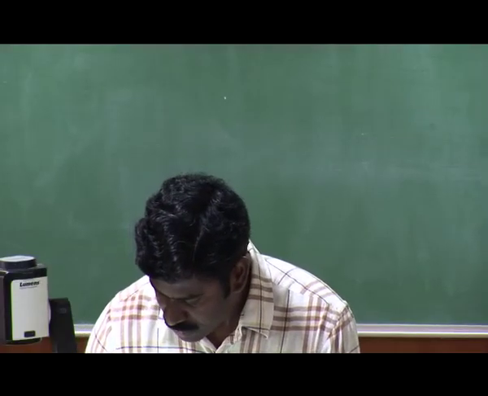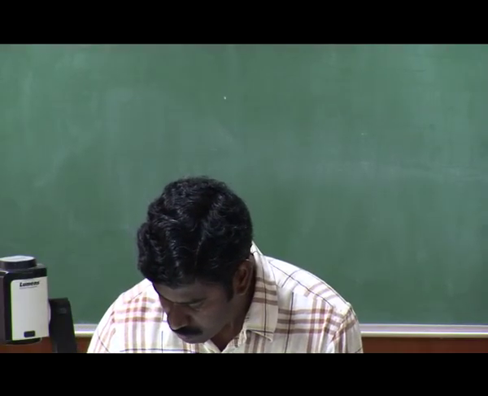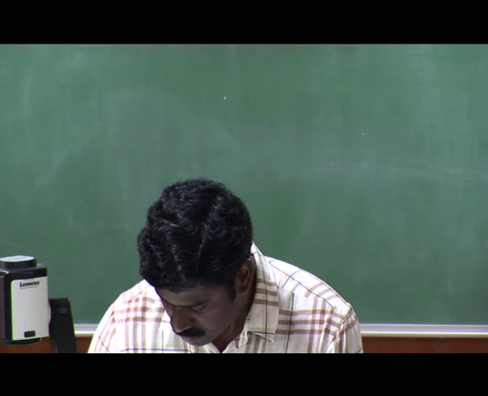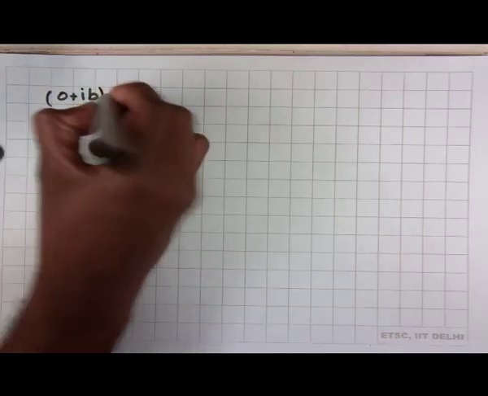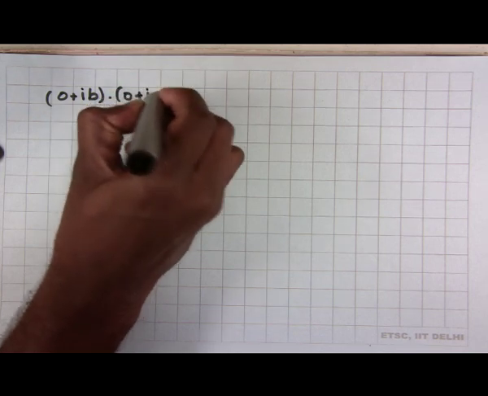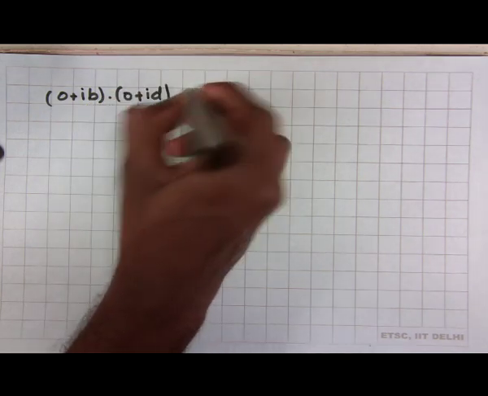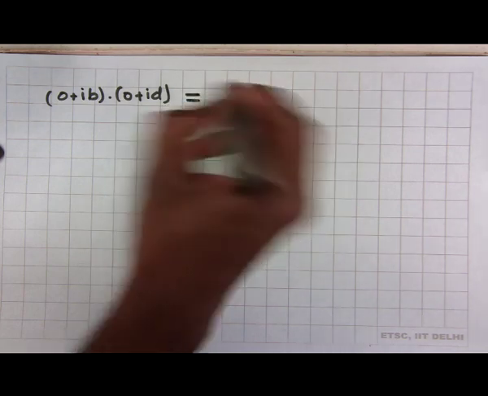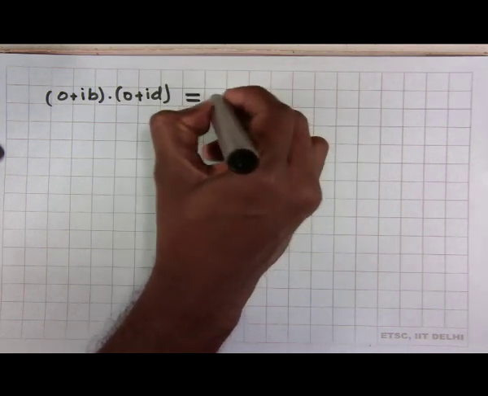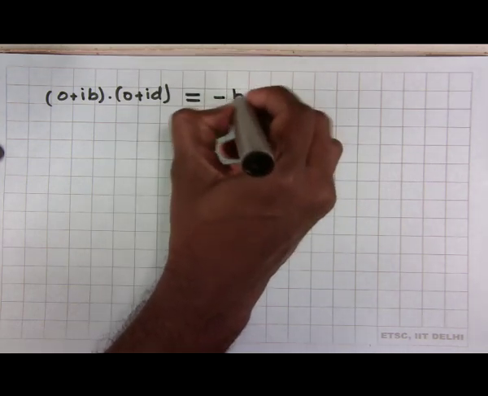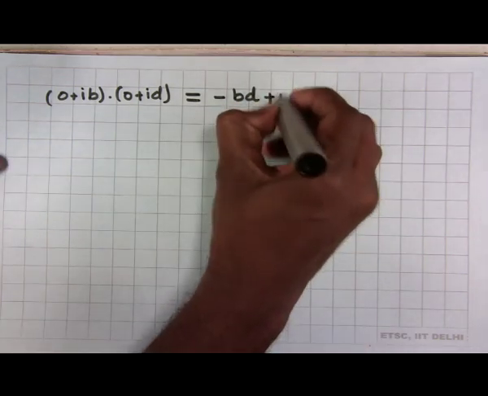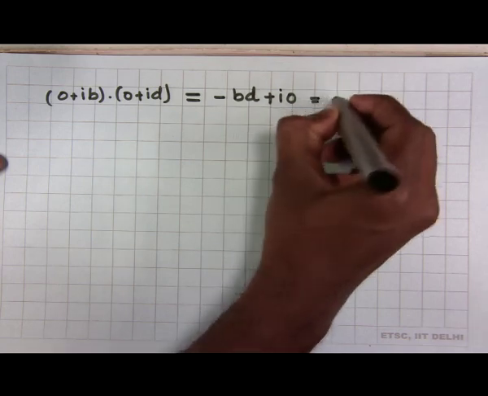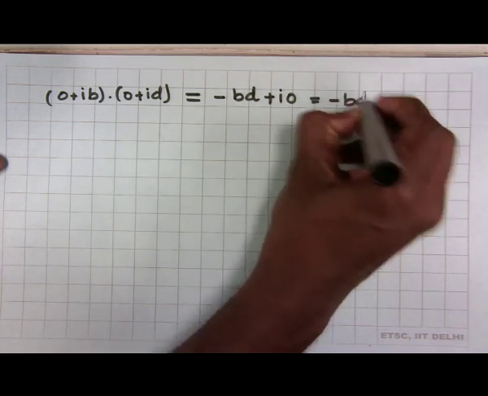And if we consider the imaginary numbers, that is i b times i d, then we can show that with respect to that product it becomes minus bd plus i 0, which we denote just as the real part.